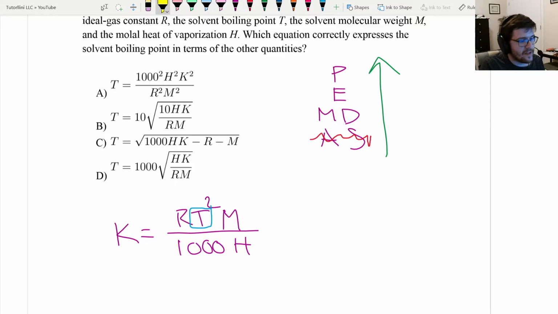So this stuff is being divided. The opposite operation of division is multiplication. So I'm going to multiply both sides by 1000H.